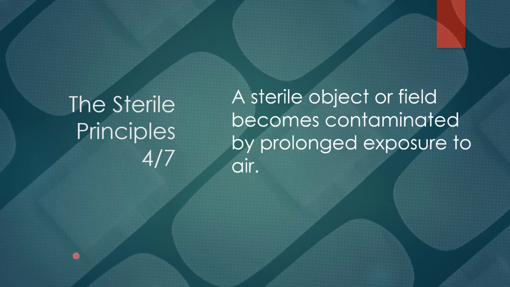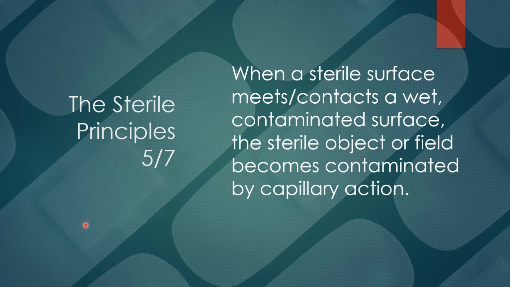Sterile principle number 4. A sterile object or field becomes contaminated by prolonged exposure to air. Sterile principle number 5. When a sterile surface meets or contacts a wet, contaminated surface, the sterile object or field becomes contaminated by capillary action.